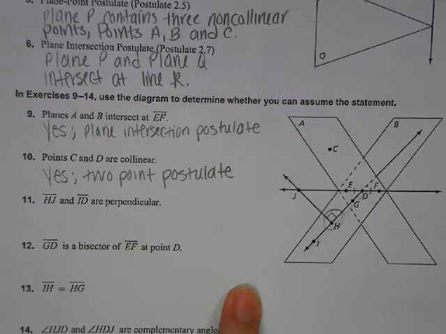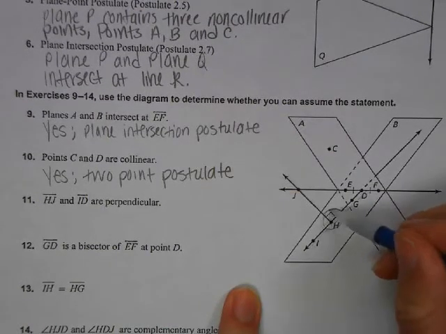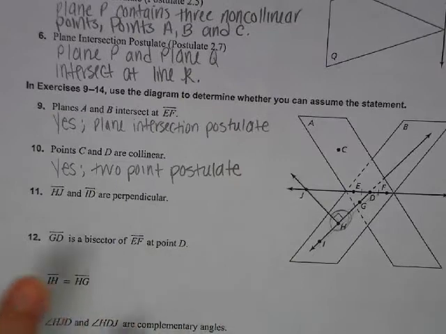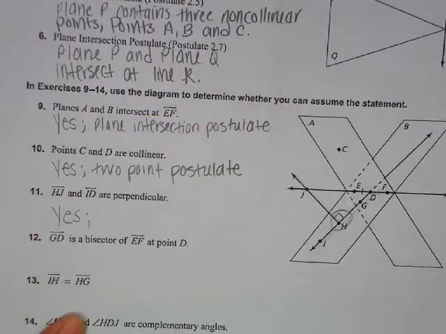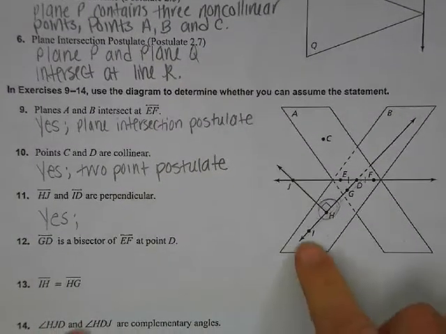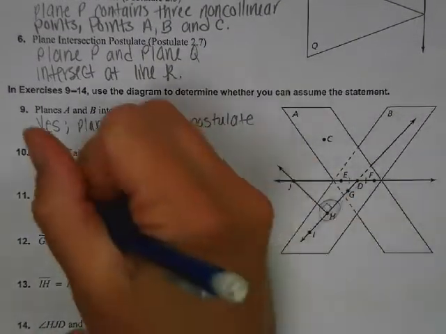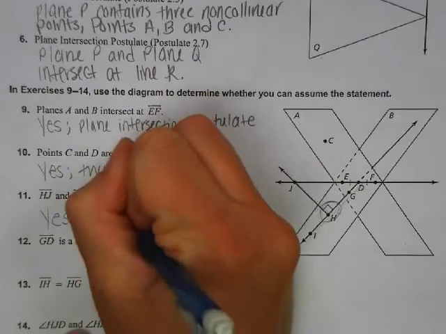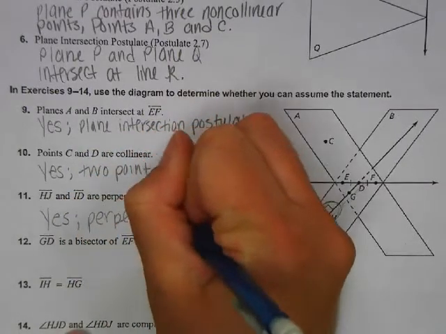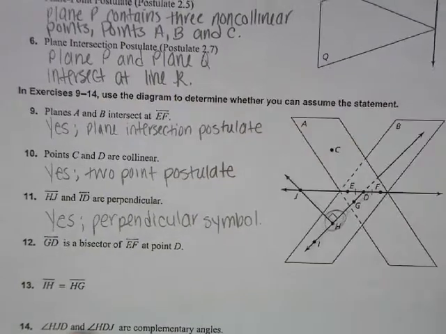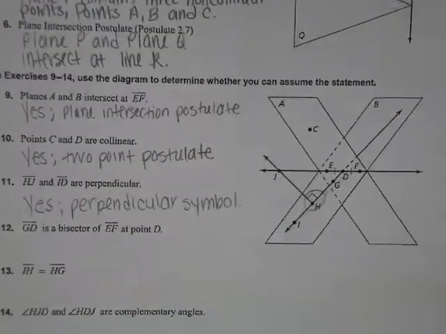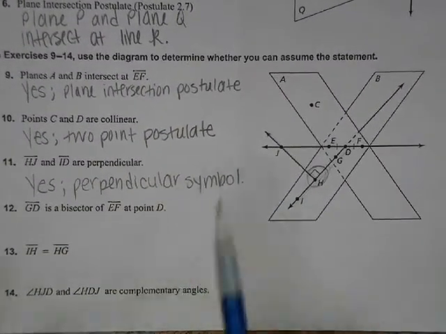So the answer is yes, and it's because you have a perpendicular symbol in the diagram. So you could put yes, and if you're taking really good notes, you want to put a reason, and that reason is because there is a perpendicular symbol in the diagram. So you always want to make sure that you're understanding why it's yes or why it's no.